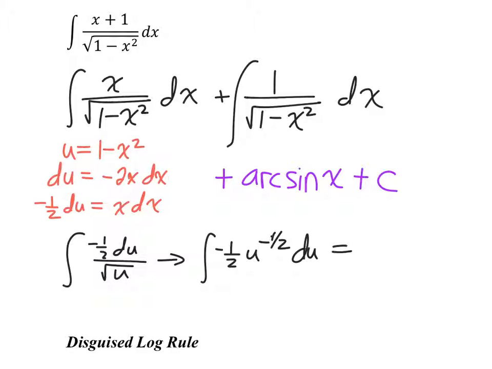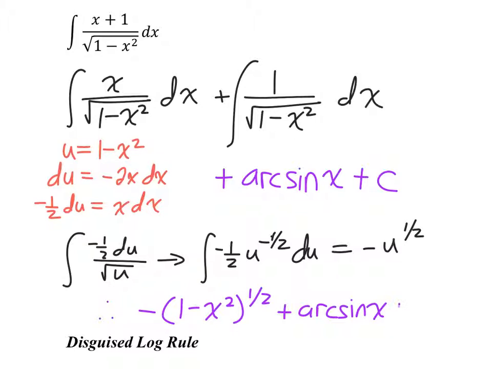Which we can integrate. Increase the exponent by 1, becomes u to the 1/2. Divide by the new exponent, becomes negative. All right, so I just got to swap out the u for the 1 minus x squared. So therefore, we're looking at negative 1 minus x squared to the 1/2 plus arc sine of x plus c.